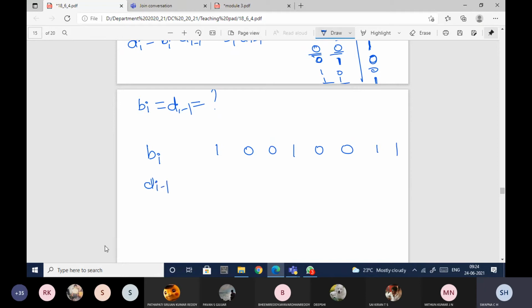Let me assume the differential encoded data di, with the initial bit considered as 1. So it means that di minus 1 will be 1.